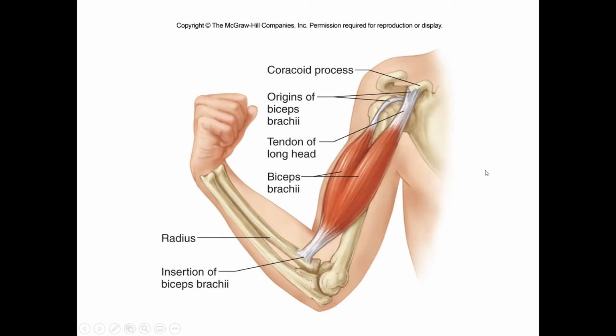So as you can see here, we have the tendon. We also have the belly, or the bulkiest part of the muscles. We also have the origin, which you can find in the proximal areas or the proximal extremities. Next is the insertion, which you can find usually in the distal extremities, and in this case in the radius.